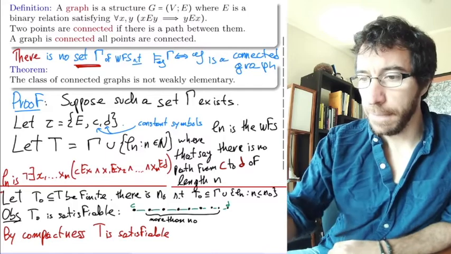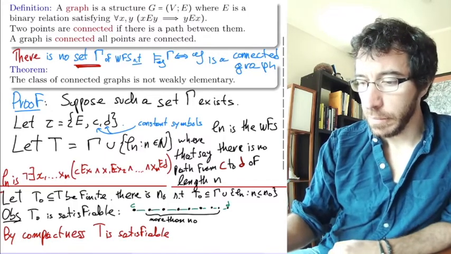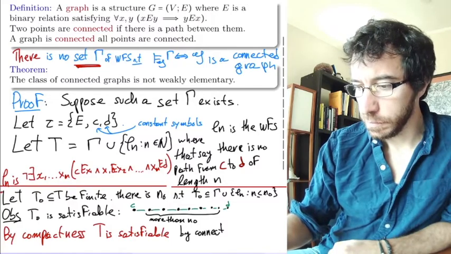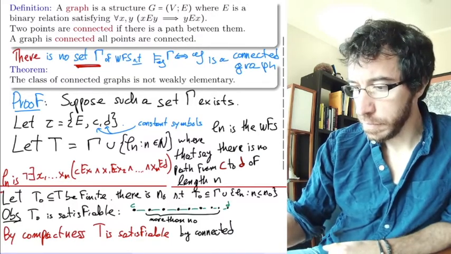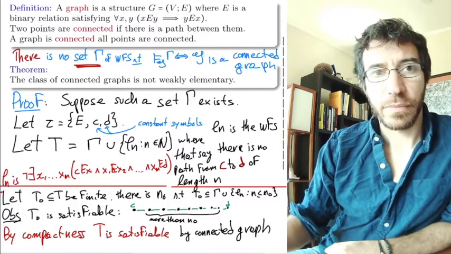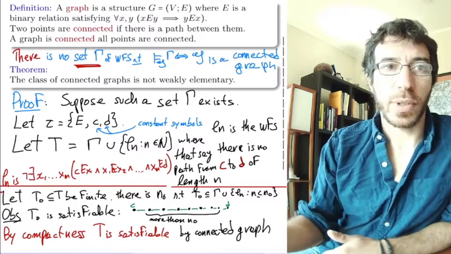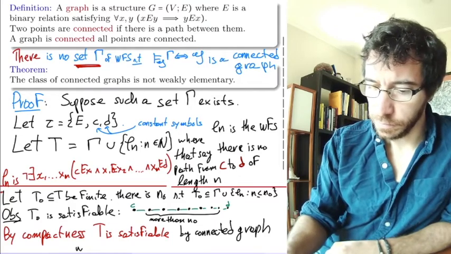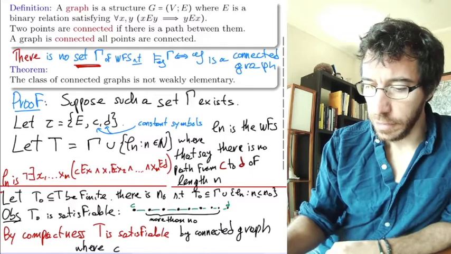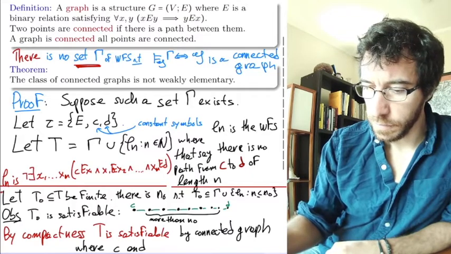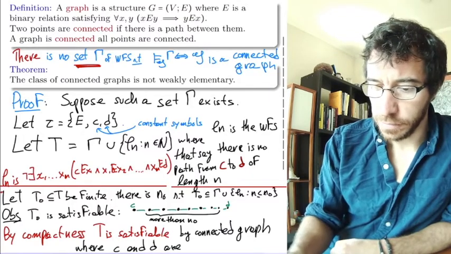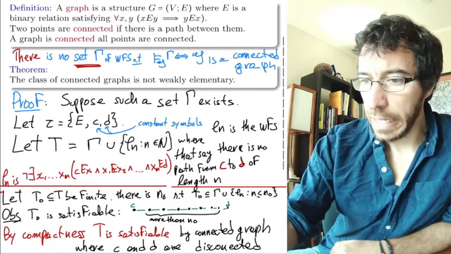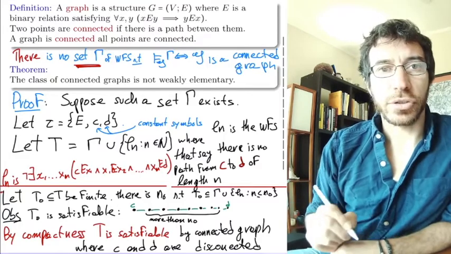That it has to be a connected graph, because that's what gamma says, where C and D are disconnected. And that's the contradiction.